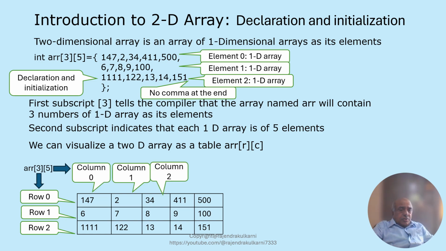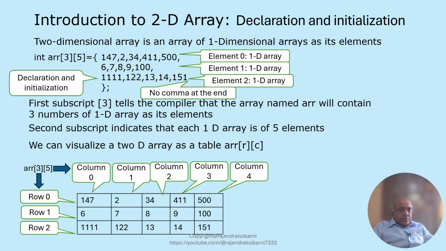So fields 0, 1, 2, 3, 4, the 5 fields or 5 columns, and 3 rows is a table which we can visualize as a 2D array.